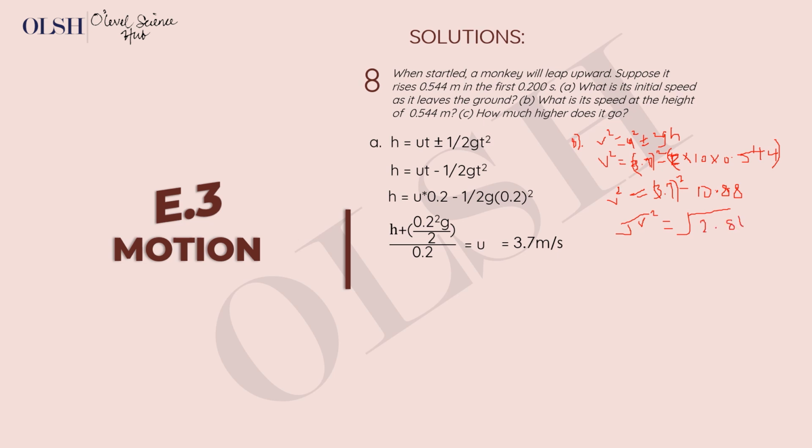We then find the square root of both sides. The square root of that is 1.7, so our v is going to be 1.7 meters per second.